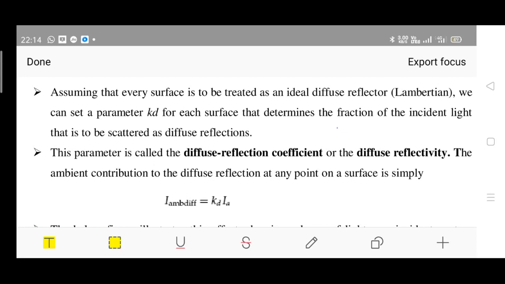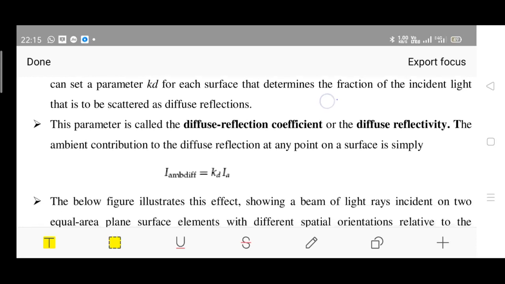Please remember, in case of diffuse reflection, the ray of light which hits a Lambertian surface is distributed with equal intensity in all directions of the surface. That's it. This parameter is called the diffuse reflection coefficient, kd, or diffuse reflectivity.